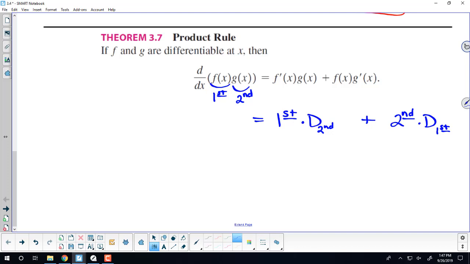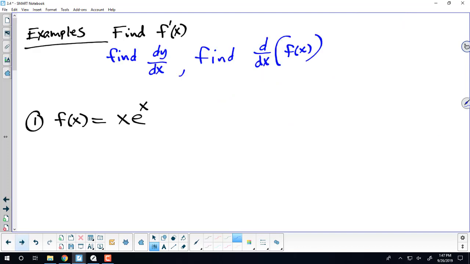All right, so let's look at a few examples of that. Let's find the derivative of x times e to the x. And I did mention last time too, it's really helpful if you can identify the overall structure of the function, because a lot of these functions get pretty messy in how they're presented.